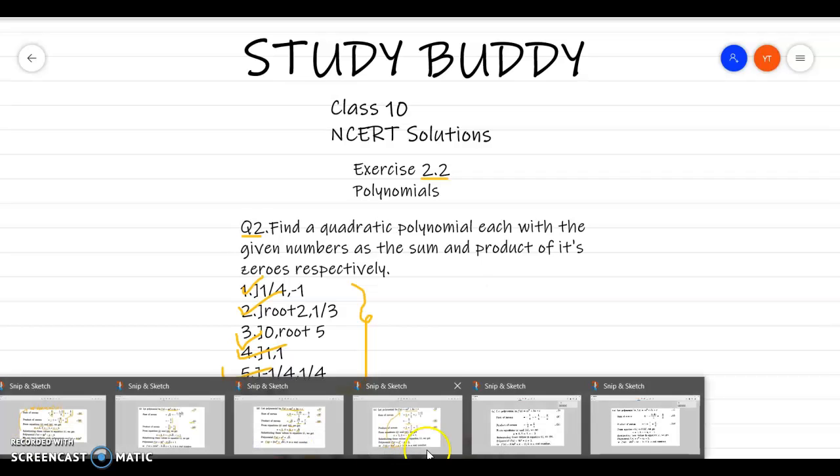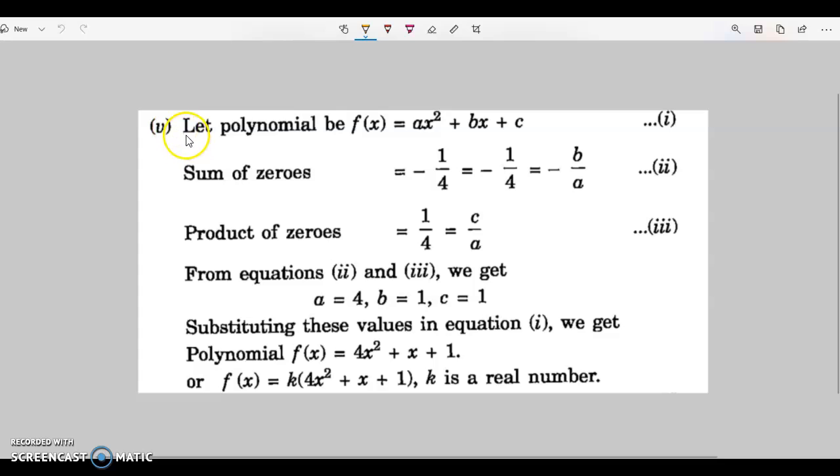Moving on to the solution, let the polynomial be f of x equal to ax square plus bx plus c, some equation 1. Now finding the sum of zeros, that is minus 1 by 4, is equal to minus b by a, which gives us equation 2.